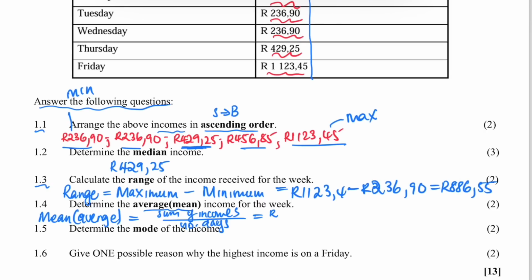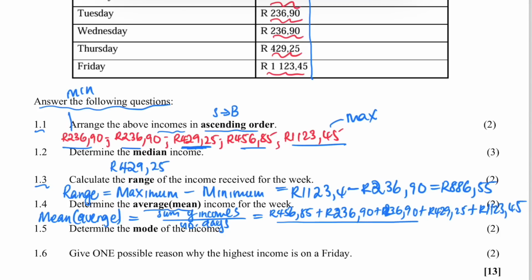So Monday it's 456.85 plus 236 rand 90 cents plus 236.90 plus 429 rand 25 cents plus, on Friday, 1,123.45.